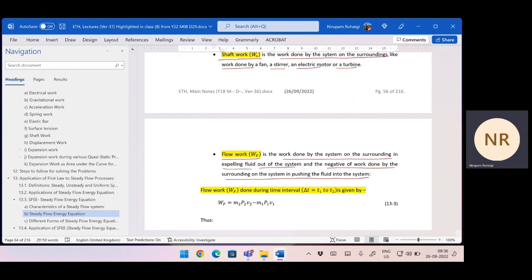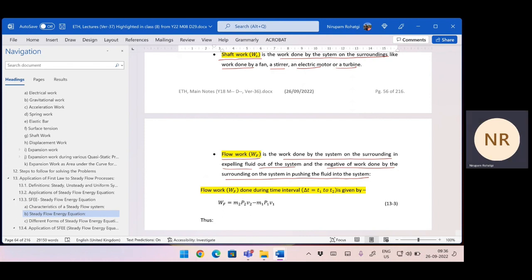So surrounding is doing work on the system by pushing some mass or some fluid into the system. You find that the small mass which was on the left side has actually gone into the main mass. So the surroundings have done some work to push it in.